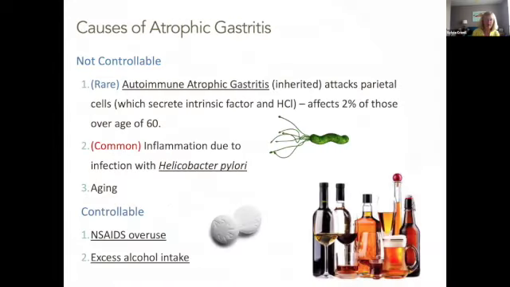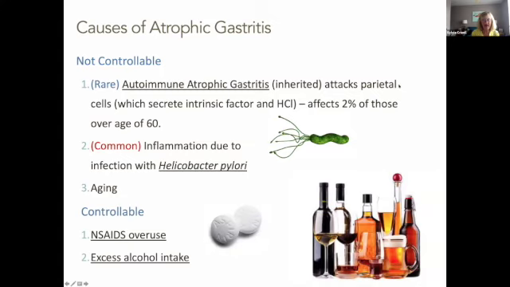So why does the stomach atrophy? What causes atrophic gastritis? There are two categories here: not controllable and controllable. Not controllable is some people have a genetic disorder. It's called autoimmune atrophic gastritis.